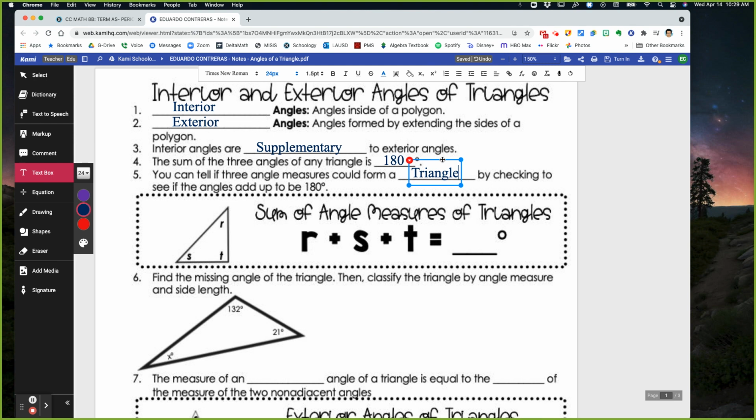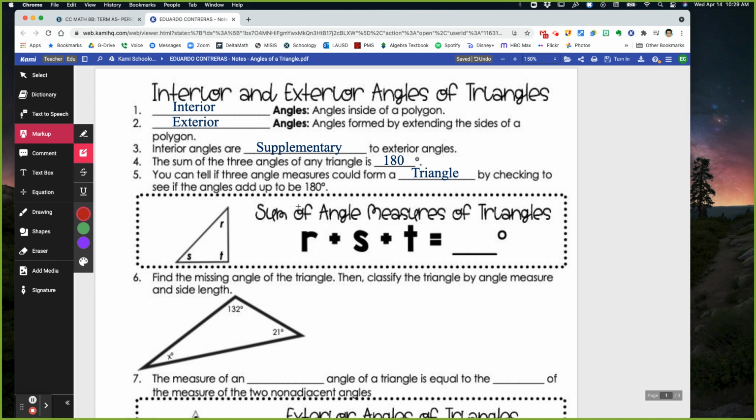We're going to put the word triangle there by checking to see if the angles add up to 180 degrees. In fact, I'm going to use my markup tool, pick a color. This is going to be key. Add up to 180 degrees. Okay? Any questions on that?